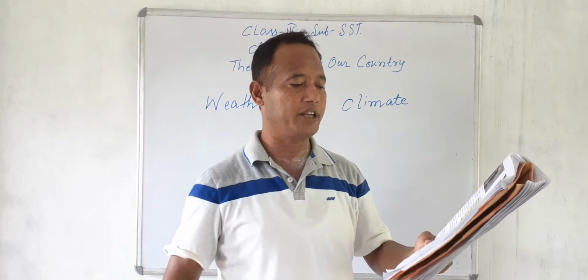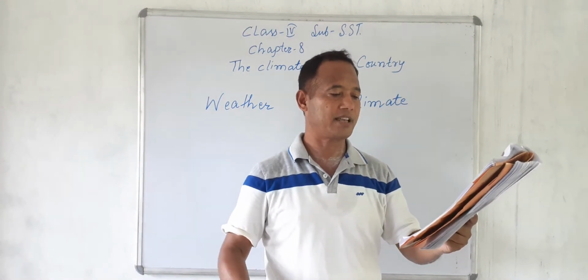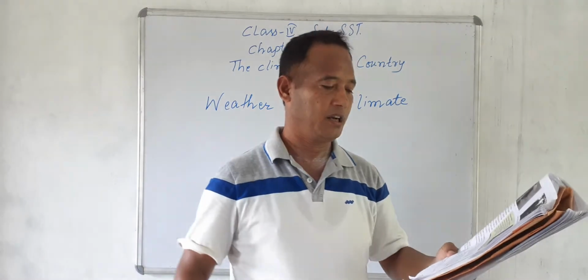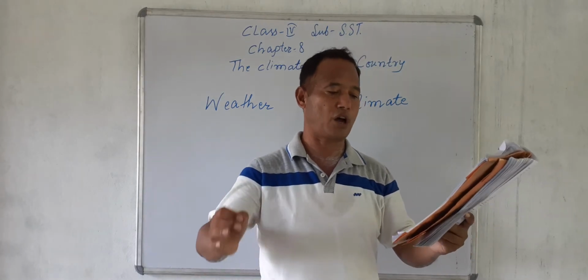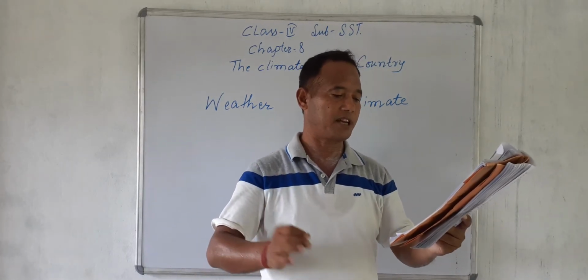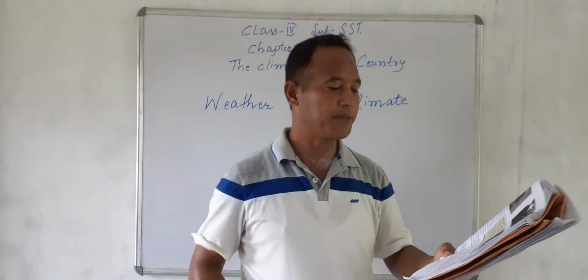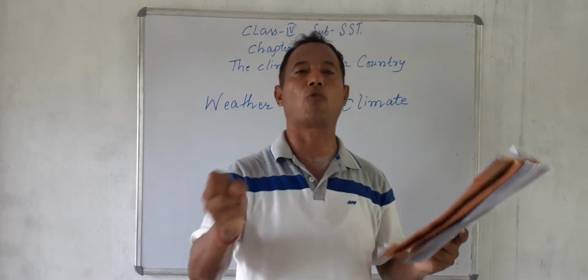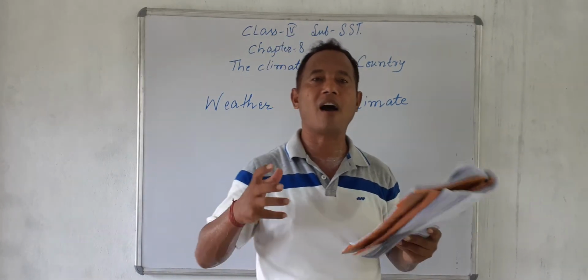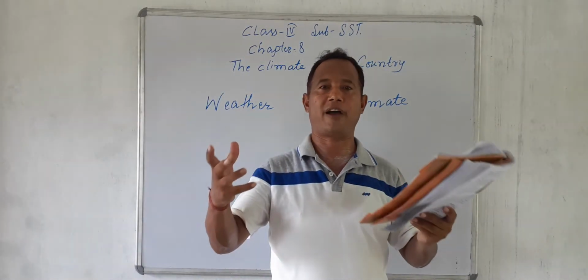Winters are very cold in the Himalayas. Many places have snowfall. The northern plains are cold. The cold decreases as we go south. The coastal plains are pleasant during winters. That means winters in the Himalayas are extremely cold. It is very hard for us to survive.